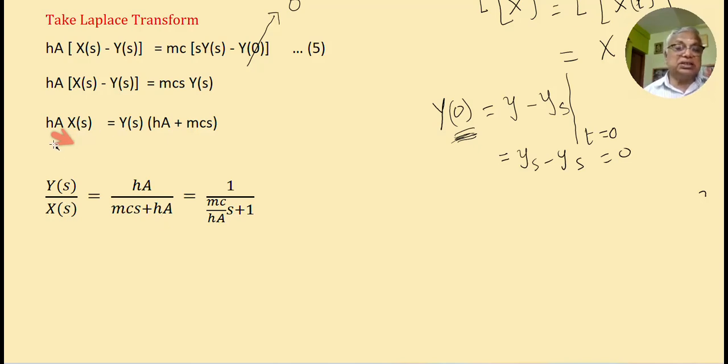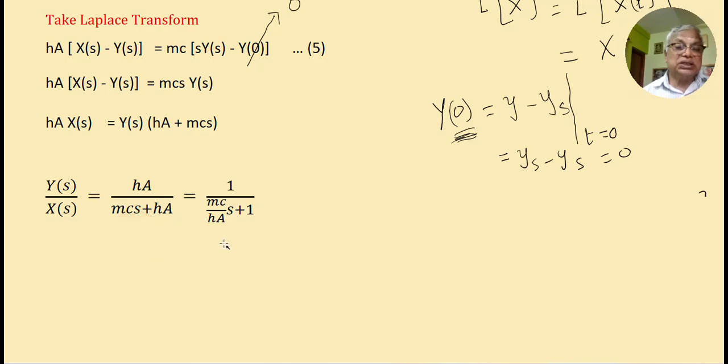I just rearrange this. Now here in the denominator, I will make the numerator 1. That means I am going to divide the numerator and denominator by ha. So numerator becomes 1 and denominator becomes mcs by ha plus 1.